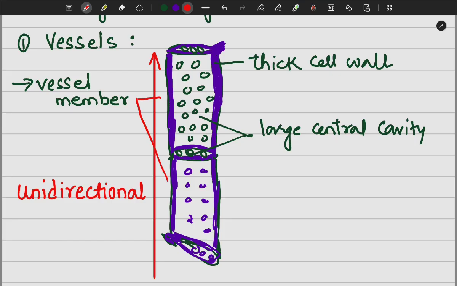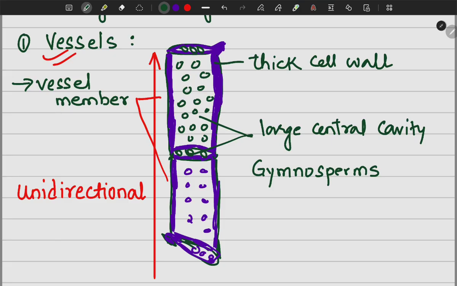There's one more important point to remember about vessels: the presence of vessels is a characteristic feature of angiosperms, because gymnosperms lack vessels. Gymnosperms are a group of plants which bear naked seeds.